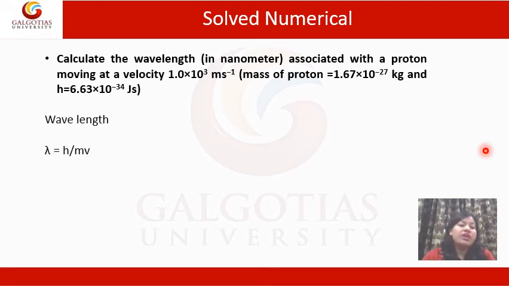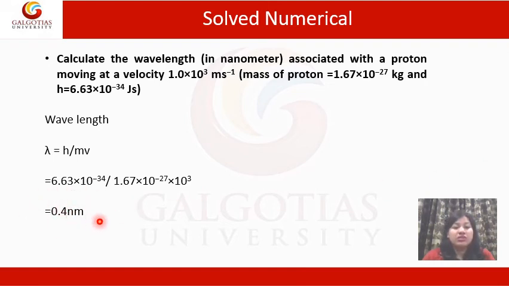Now we apply the formula λ = h/mv, where we know the value of h, put in the values and get the answer, that is 0.4 nanometer.